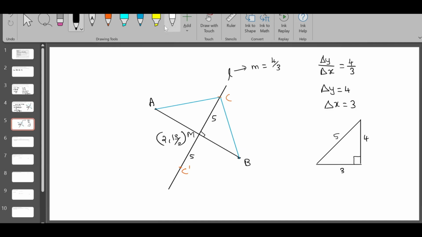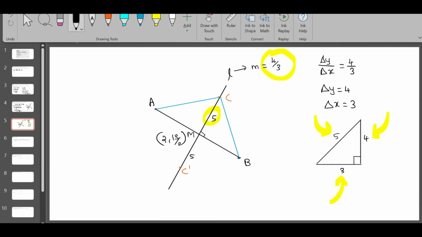So this 5 tells us you can draw a triangle with this 3, 4 and 5, where I got these values from the slope. The change in x is 3, the change in y is 4 and the length MC is 5.